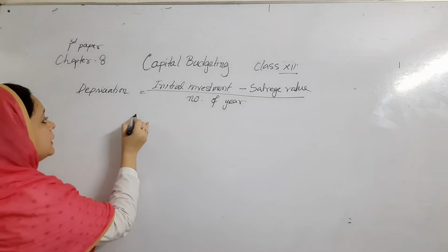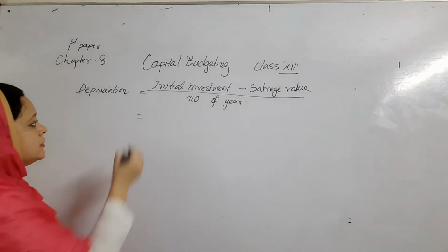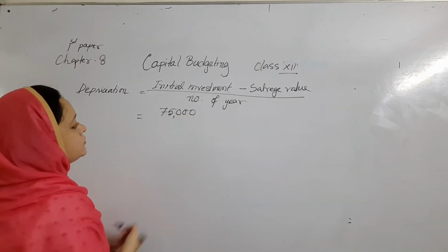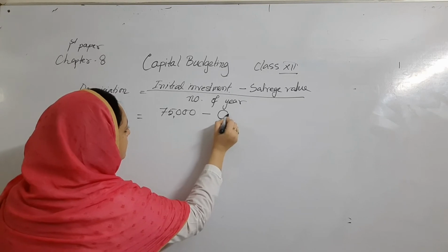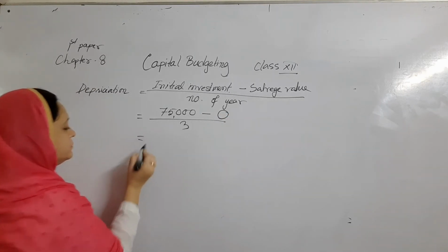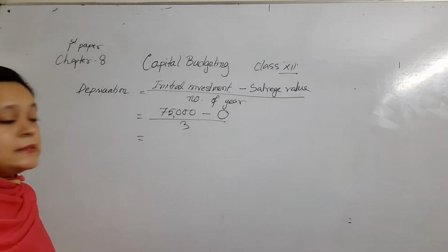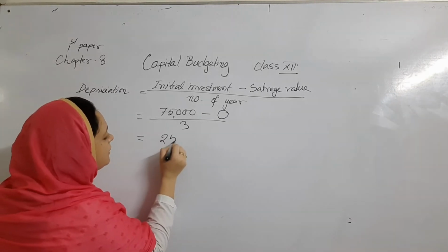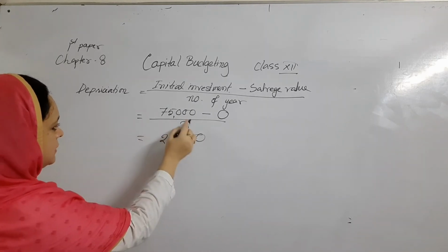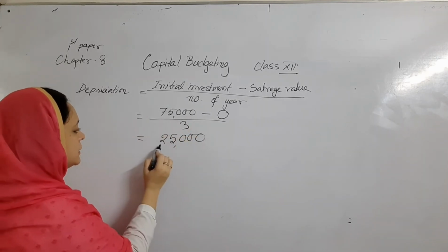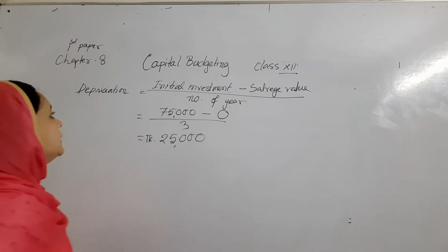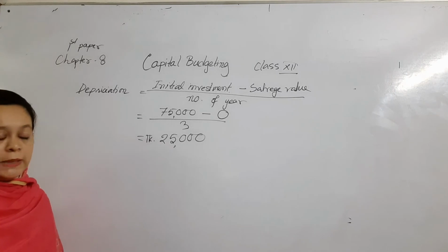Here the initial investment is 75,000. No salvage value is available here, and the number of years is 3, we know. So 75,000 divided by 3, the result is 25,000 taka. This is the depreciation of project A.